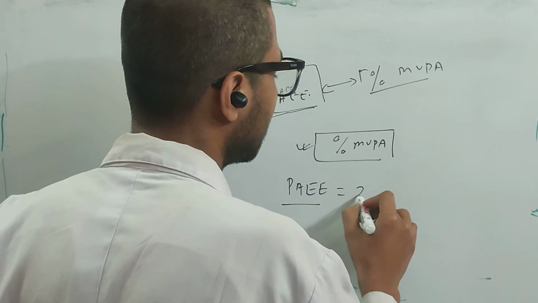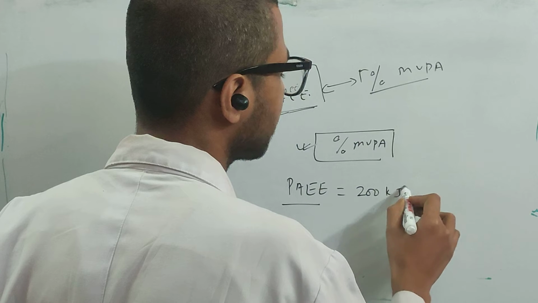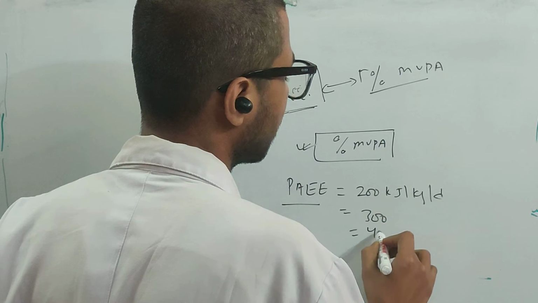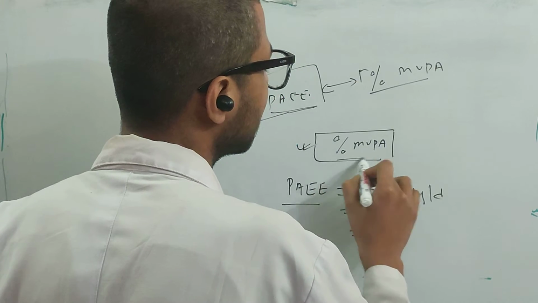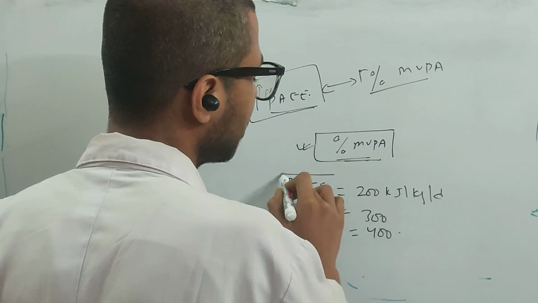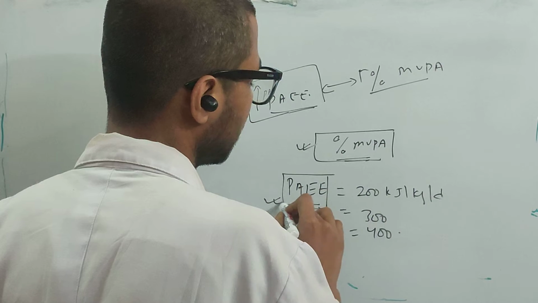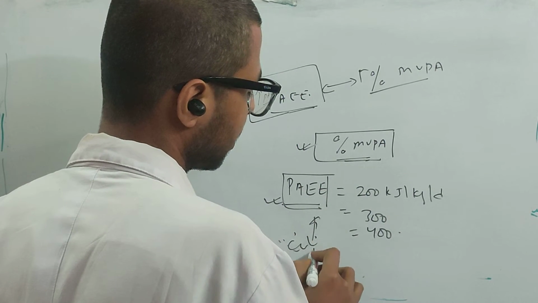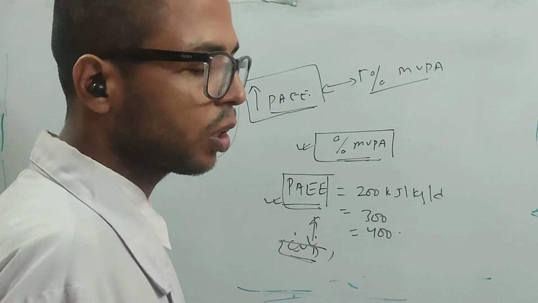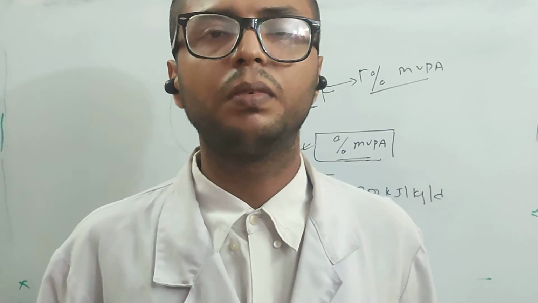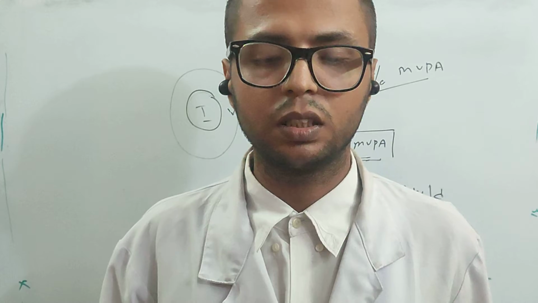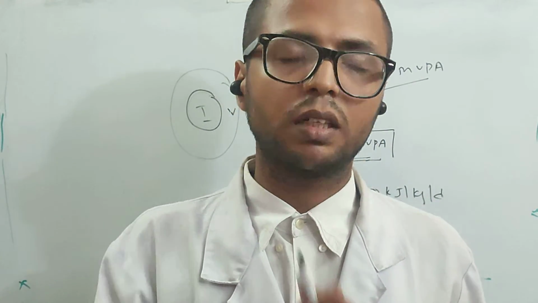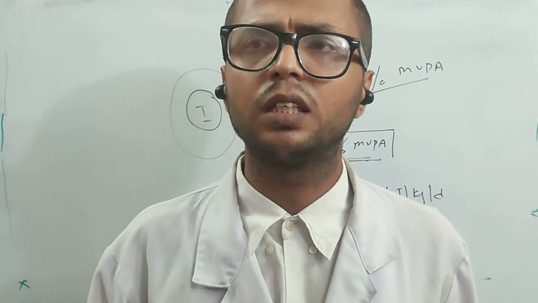Let's suppose 200 kilojoules per kg per day, 300 kilojoules per kg per day, 400 kilojoules per kg per day. If you keep this constant and only compare with cardiovascular disease reduction, there was not much reduction in cardiovascular disease. This is also one of the observations that I found while reading this study.